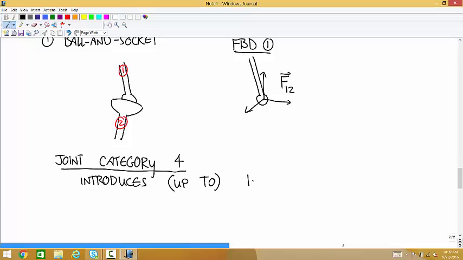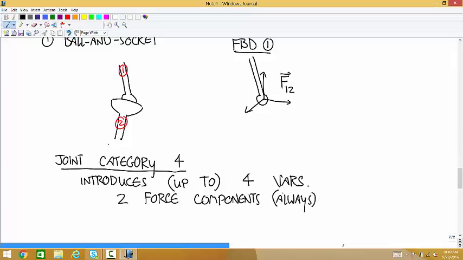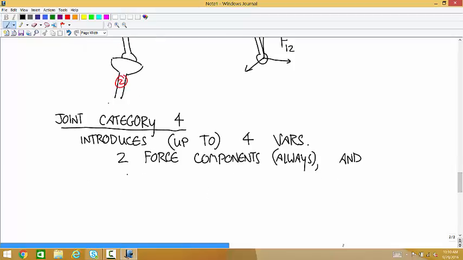And those variables are as follows. 2 force components are always introduced. So, always. And 2 couple components if they're needed for equilibrium.